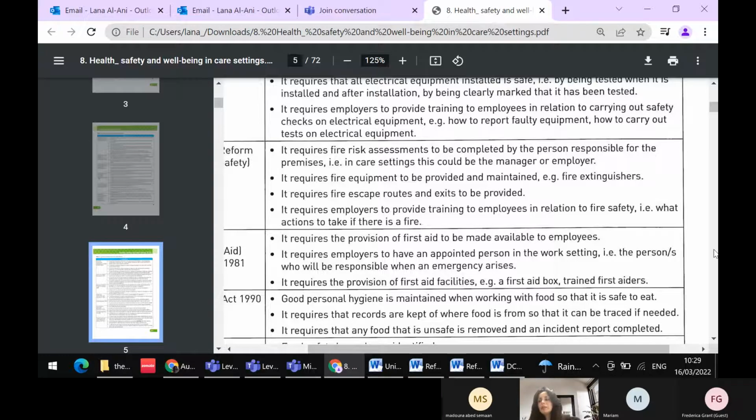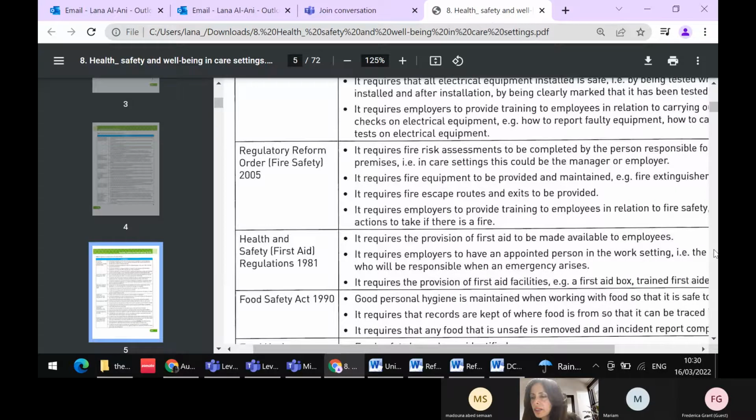There are no boxes which prevent people from coming out, no items in the way. And also we need to provide training for the employees so they know exactly where the gathering point is if there is any fire risk happening.